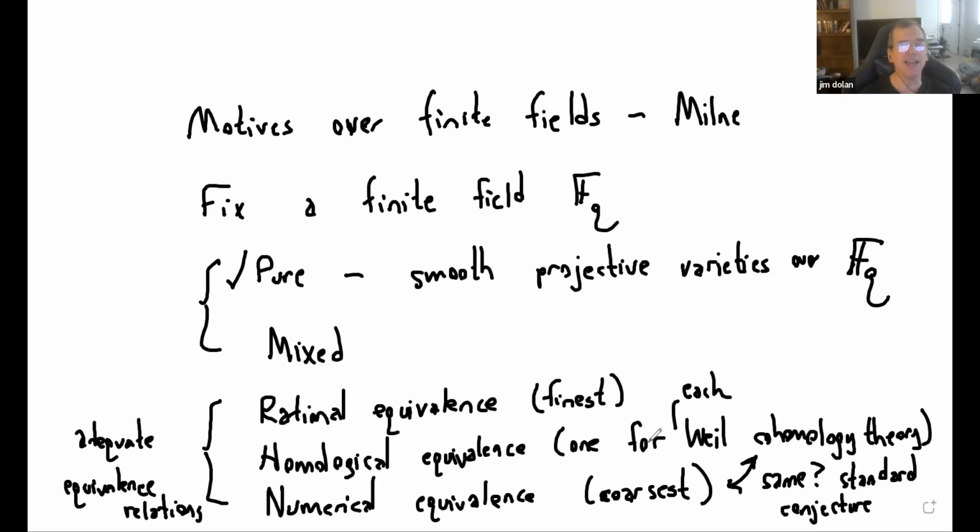I mean, maybe this standard conjecture that you were talking about is really parameterized by Weil cohomology theories. Maybe each one of them is conjectured to be equivalent to numerical equivalence. Yeah, that's true. The conjecture just says that they're all the same as numerical equivalence, but I could imagine someone proving it for one of them and not yet knowing it for the others. Mm-hmm.